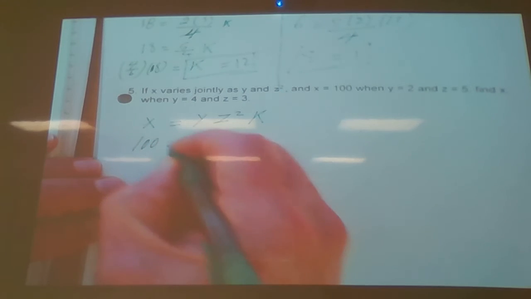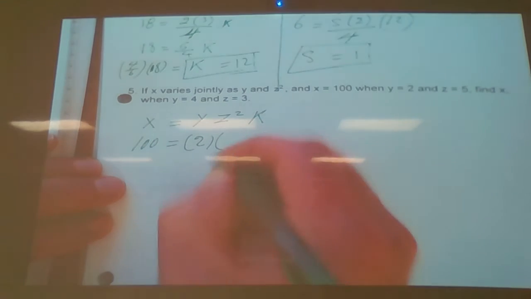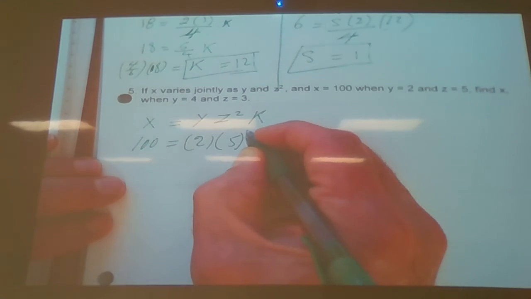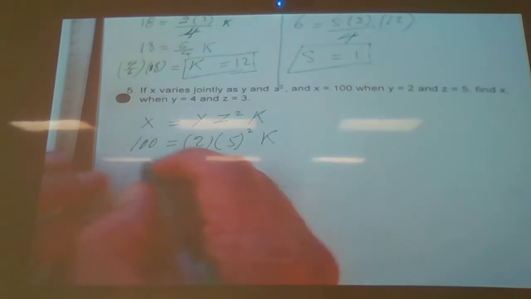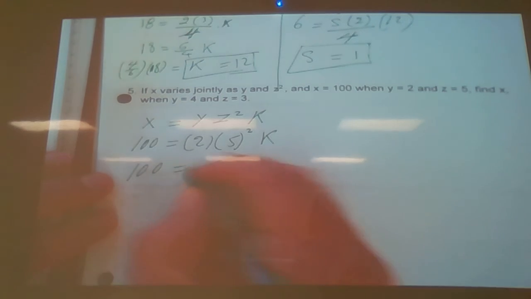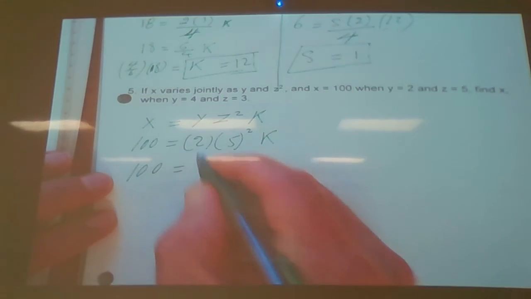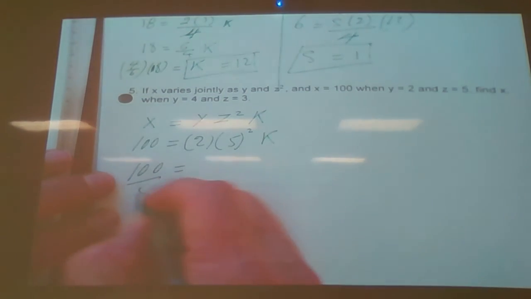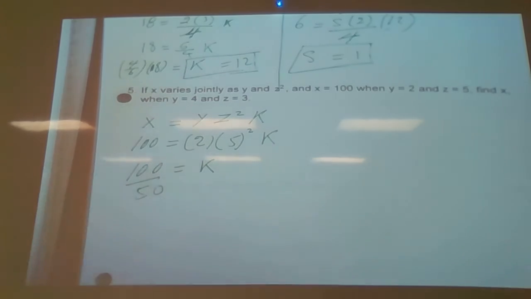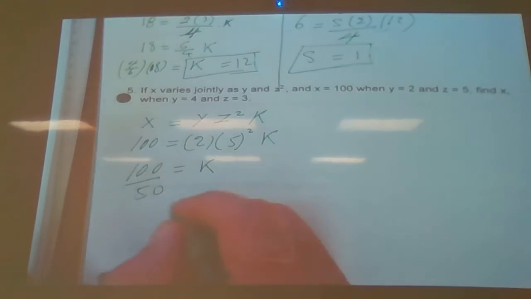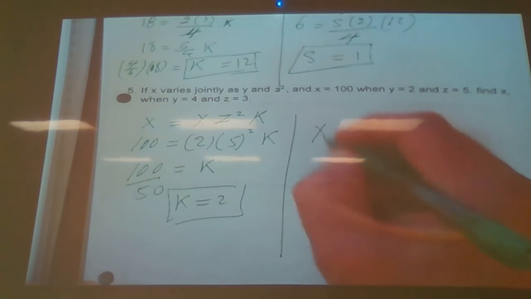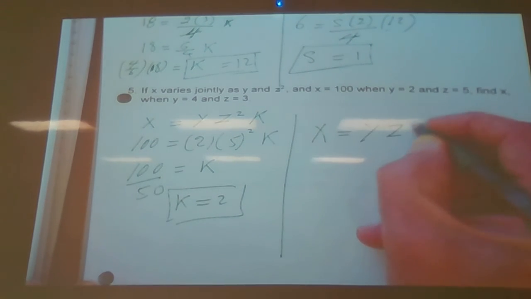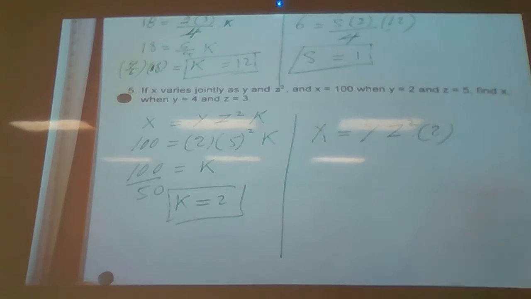When x is 100, y is 2, z is 5, going to square it, times k. So that's 100. That's 25 times 2 is 50. So that's divided by 50. So k in this case is 2.